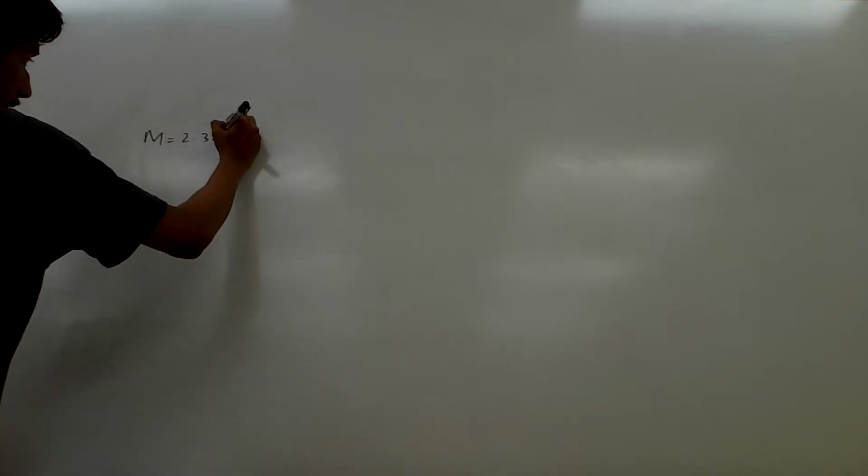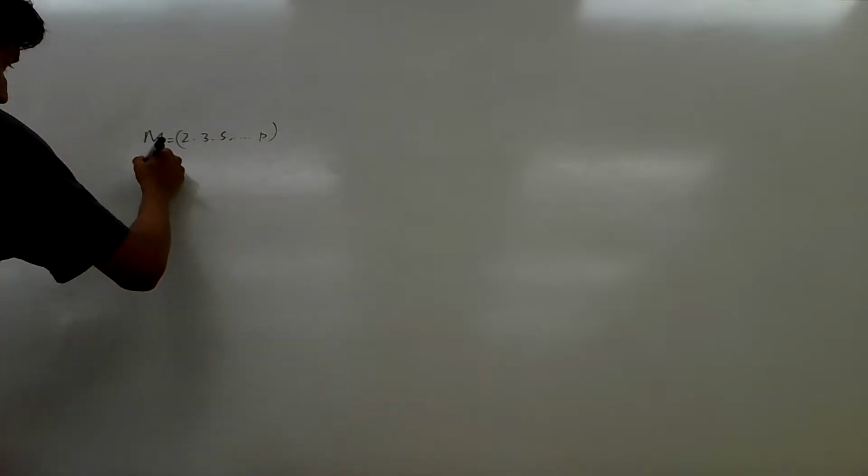So m, as we defined, is 2 times 3 times 5 times and so on until p, plus 1. You are finding a natural number called q, and you are saying, let's say q divides m. So let's say if q does not divide m, that is, m is prime here, there can be two cases, as I said.